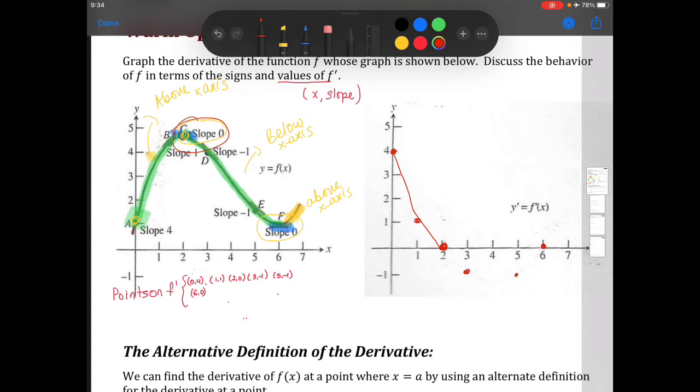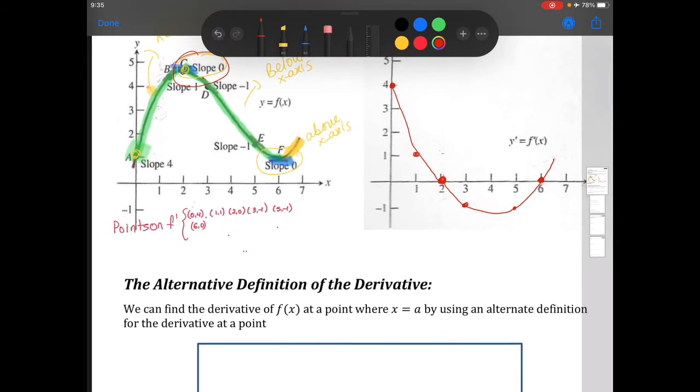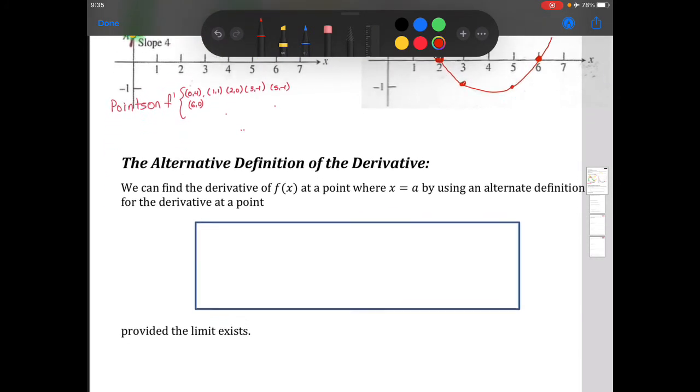Let's say if you weren't given the points, you know at C, which is at 2 and 6, the derivative will hit the x-axis because your slope is 0. From C to F, all those points are below the x-axis, and then it's above. So this is your graph of the derivative.